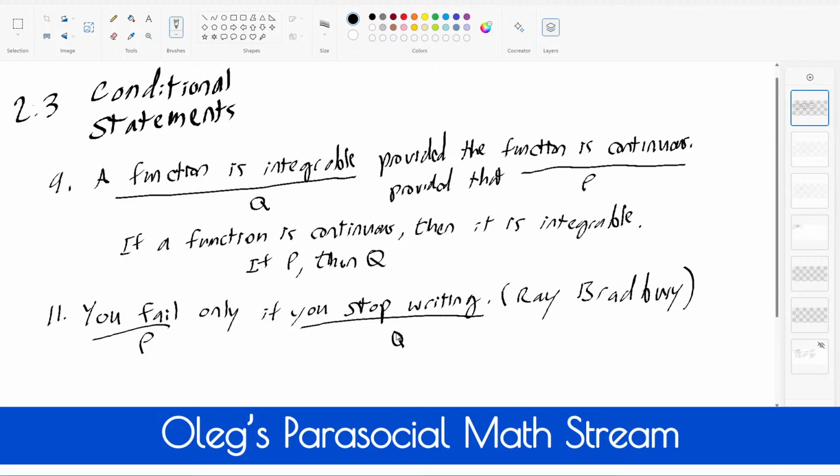That loses the feel of the original sentence, right? You can see that. It kind of inverts the message. So I would say this is the form Q if P. And if you rewrite this, if P then Q, if you stop.